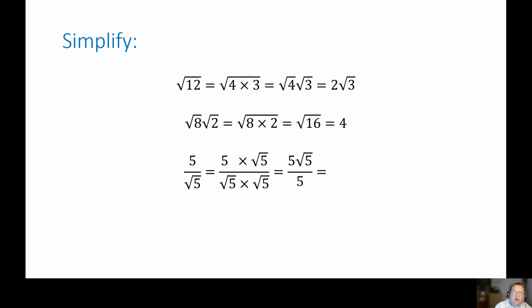The square root of any number times the square root of the same number is always that number. So square root of 5 times square root of 5 is 5. And we can go even a little bit further, because we have 5 divided by 5, which reduces itself. So the result is square root of 5, a clear simplification, absolutely.